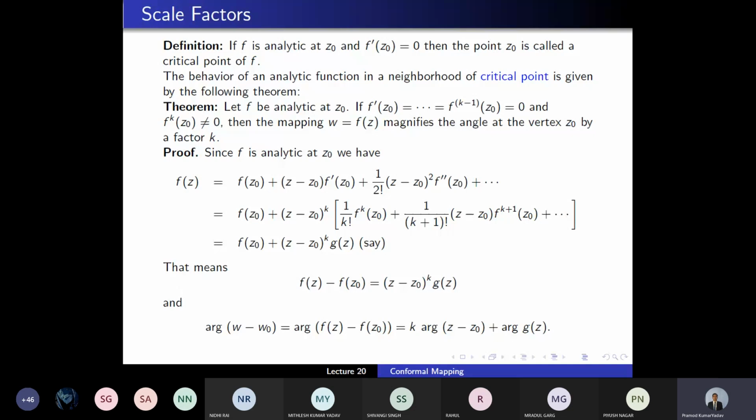You all know this concept from complex analysis. So you may see that the argument is multiplied by k times. That's why it is written that the mapping w equals f z magnifies the angle at the vertex z naught by a factor k. So this is how k comes here.